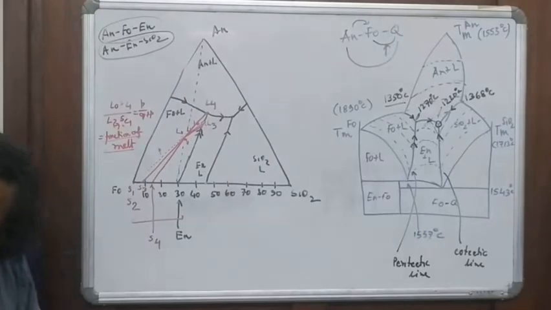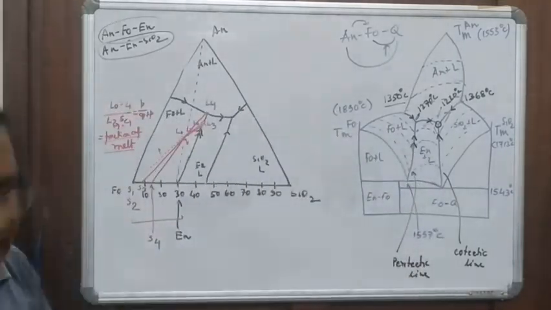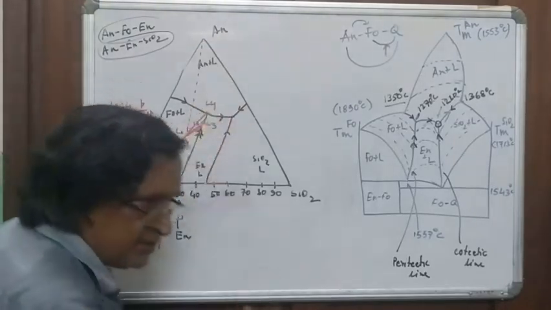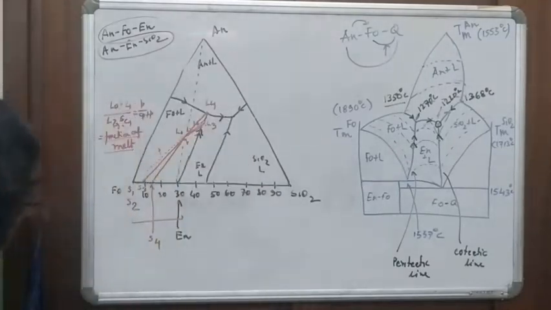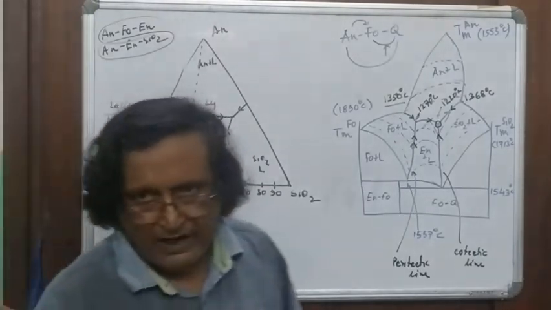But at the same time, forsterite and melt are reacting to produce enstatite. And here when you reach L4, anorthite also starts to precipitate. So there are two things. At this L4, the melt composition will become immobile.